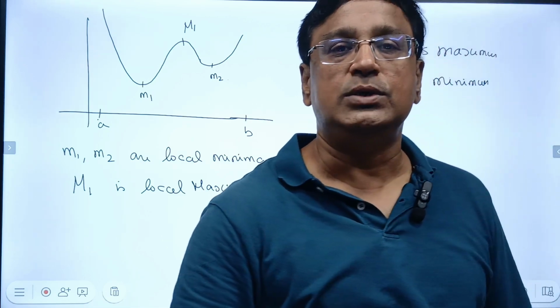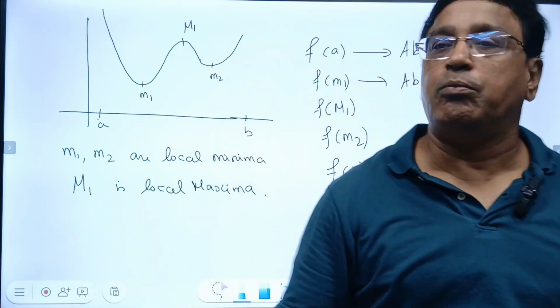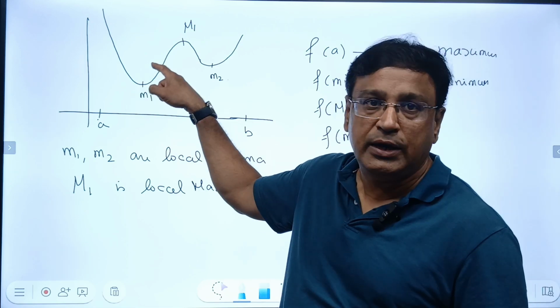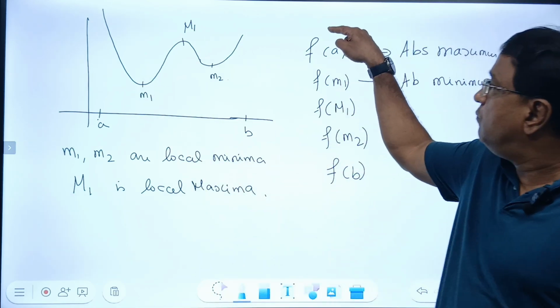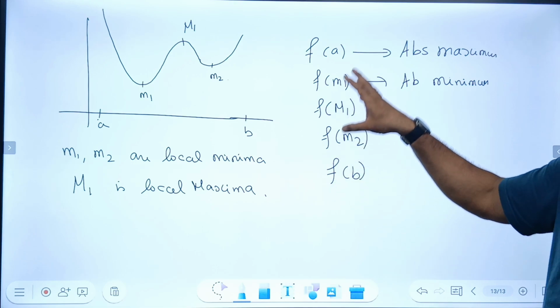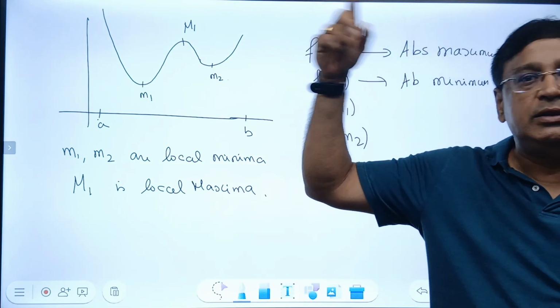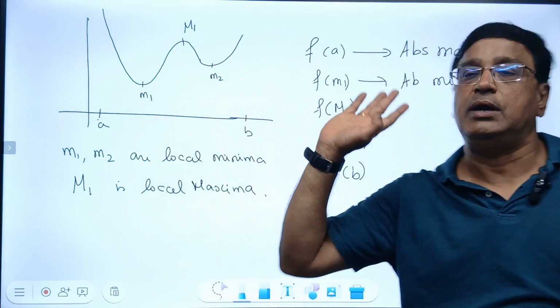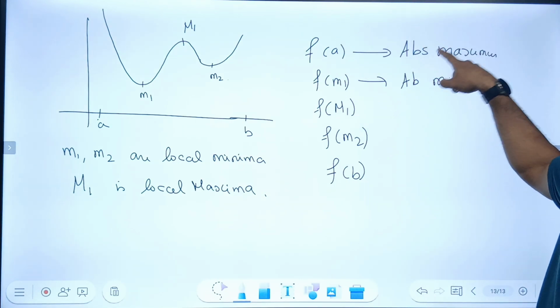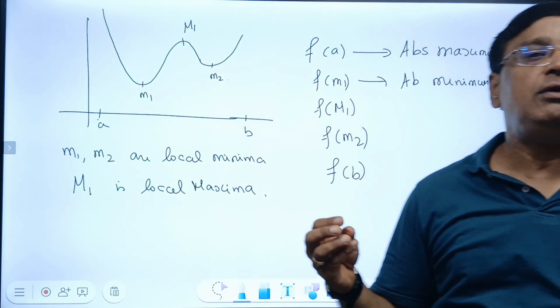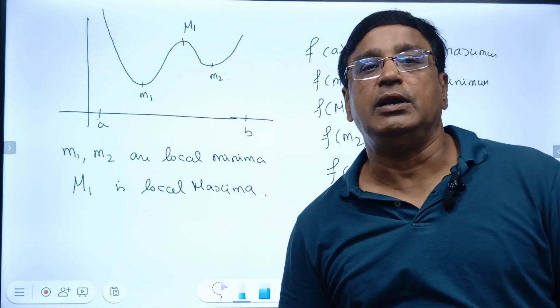All that you need to do is check the critical points. First you find dy by dx equated to 0, find the critical points, and then find out the y value. Whichever y value is the maximum, whether dy by dx is 0 or not doesn't matter, that is called absolute maximum. Whichever y value is minimum is called the absolute minimum.